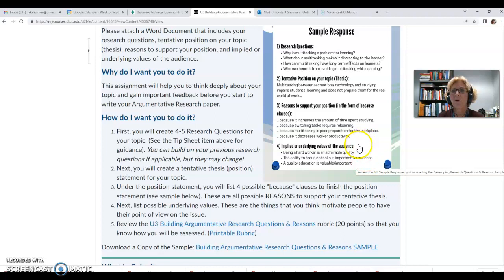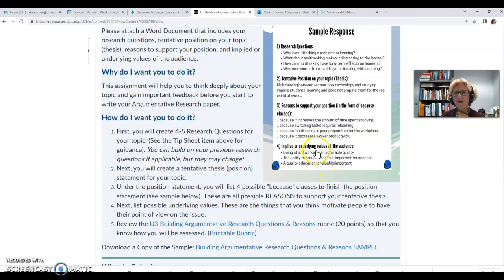So for example, if our thesis is that multitasking is not good, and you have all these reasons for it, what are the underlying philosophies or values? For example, working hard is a good thing. So these are kind of philosophies. Focusing on tasks is important. Getting a good education is important.